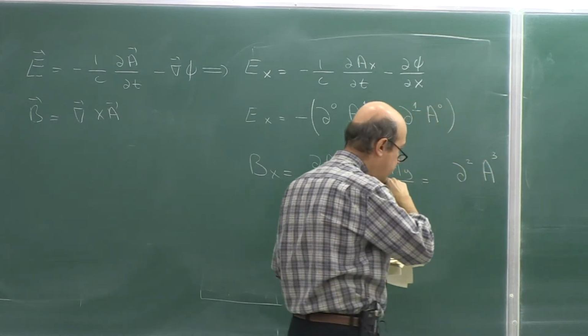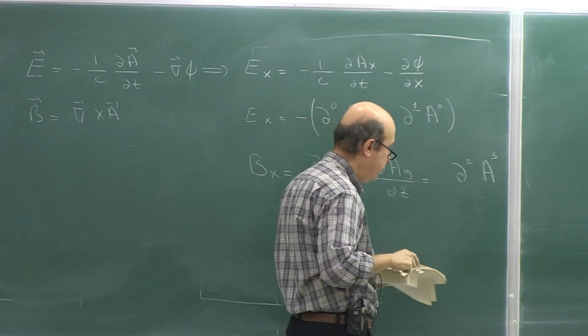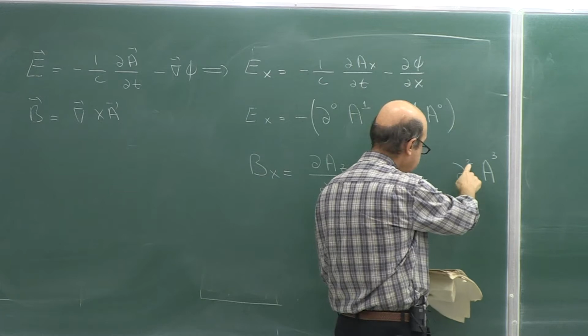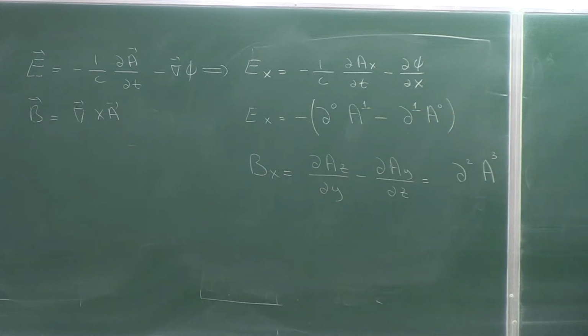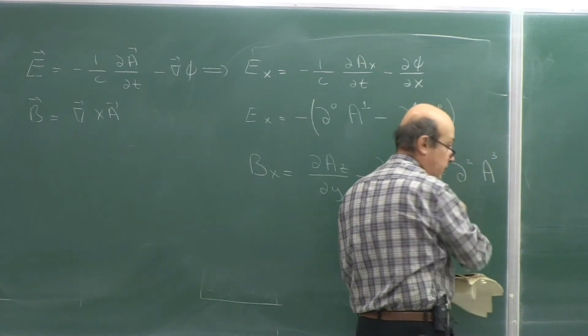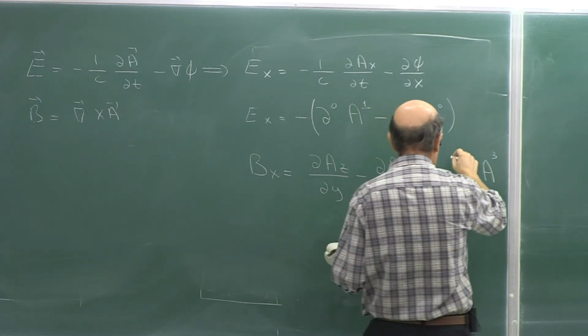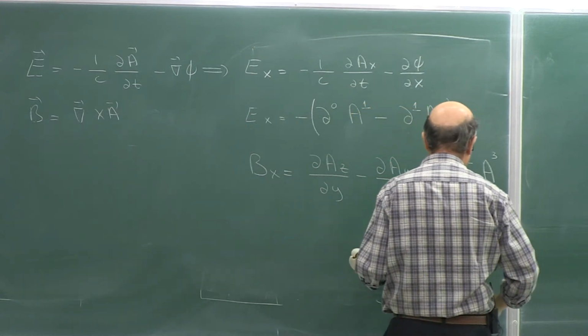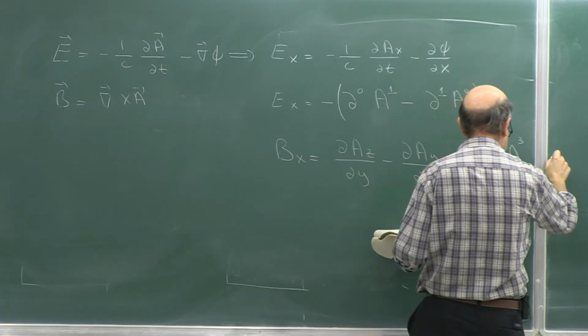Now whether the sign is correct or not: in this, the index is up, so when this index is up, contravariant, that should be negative. Therefore, I need another negative here to make a positive. And here you have a minus sign.